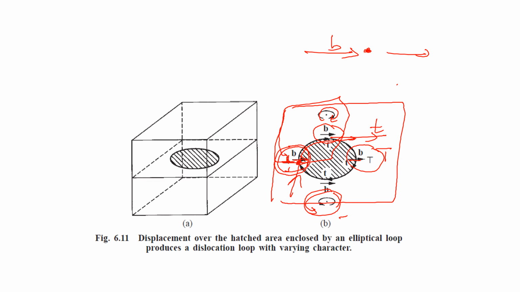So the t vectors of all dislocations meeting at a node must either point towards that node or away from the node. A dislocation line cannot end abruptly within the crystal. So a dislocation line will not end at any point. Either it ends at a node or at the surface. The dislocation line may end at the surface. If here is the surface, it ends there. Otherwise, it will end at a node.